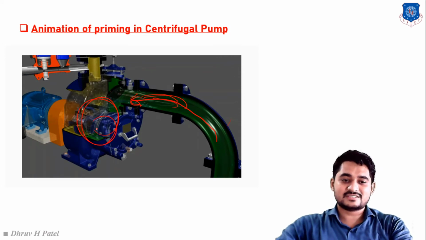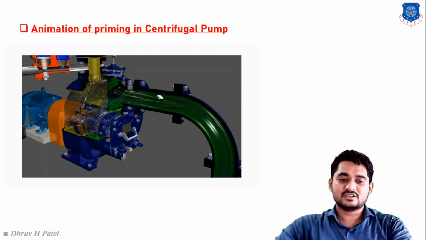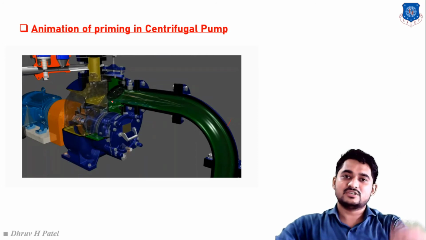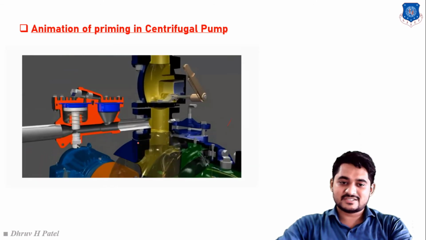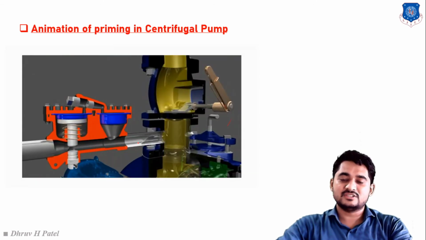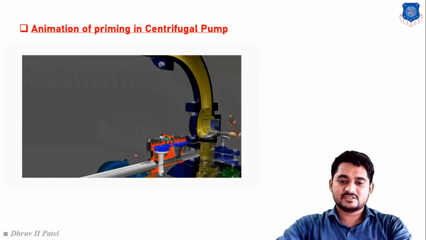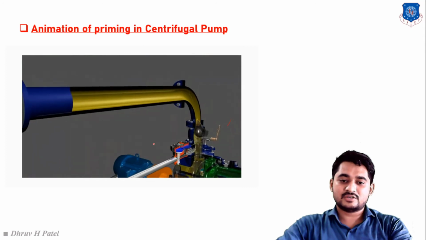Whenever this casing is filled with water, then water will go to the delivery pipe, right? See this, water is filling in the casing and then water will flow in the delivery pipe also, right? Here the pressure relief valve is there. See this working here. Yes, from that water will flow in the delivery pipe also. So that is known as our priming process.